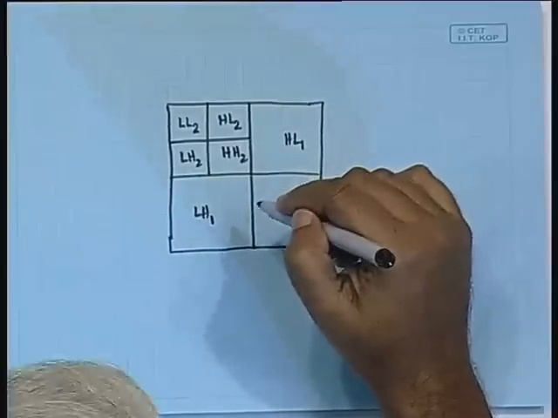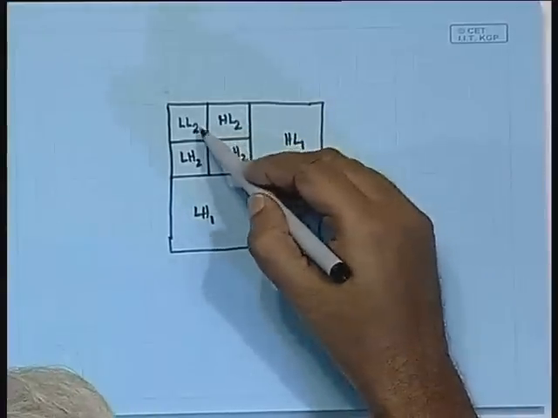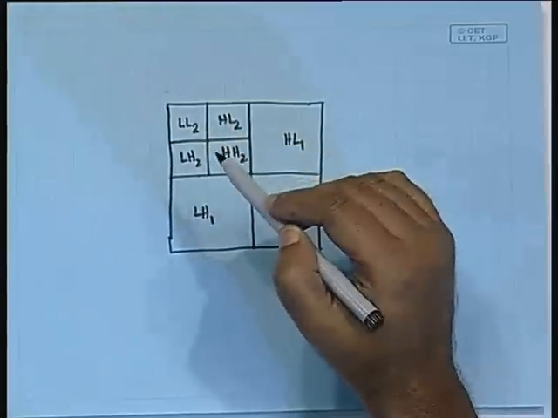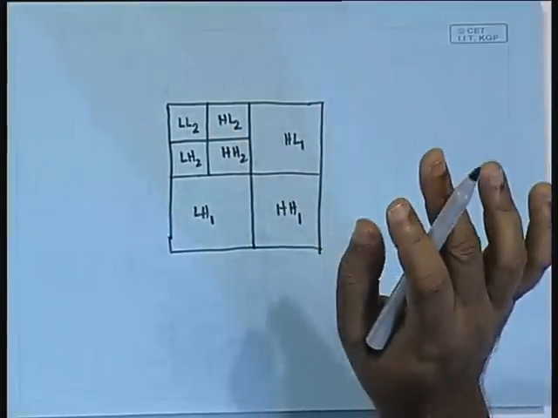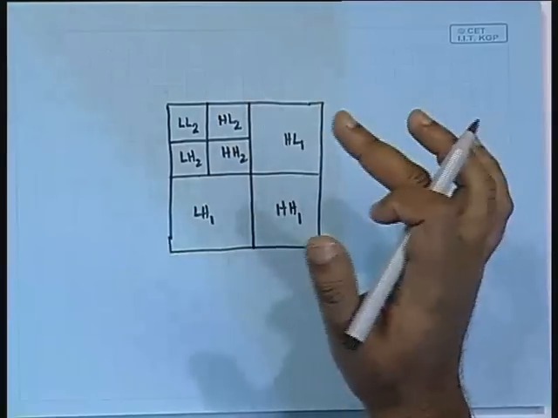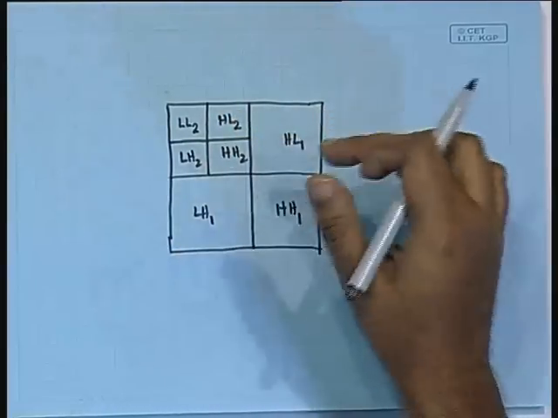Okay. Now, again what happens is that individually any of these 4 subbands can be analyzed. And again we will be finding that it is the low pass filtered version which contains the maximum amount of signal. Okay. So, LL2 will be richest in the information as compared to the HL2, LH2 and HH2.